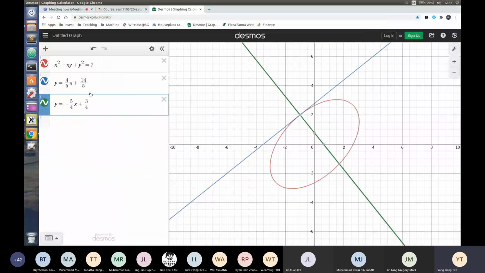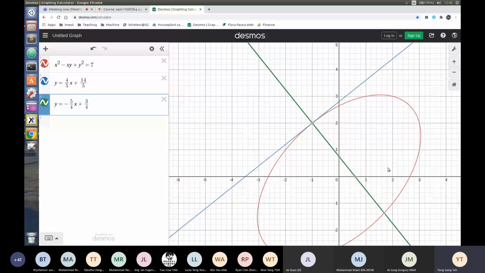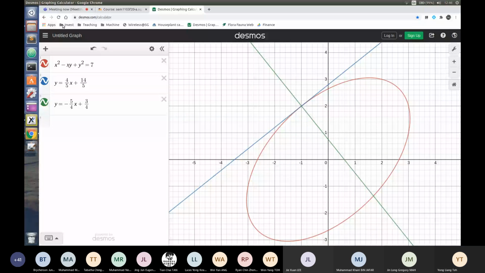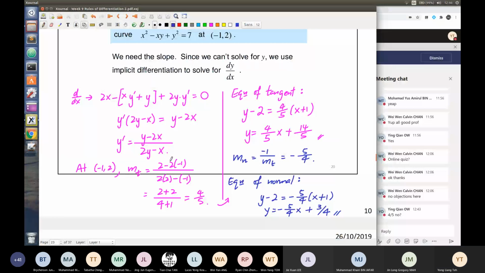Okay, so this is more accurate. You can see clearly the green line is the equation of the normal and the blue line is the equation of the tangent. We can observe a 90-degree relationship between the normal and the tangent, and indeed the intersection point is at minus 1, 2. So I think my answer here should be correct. Questions?